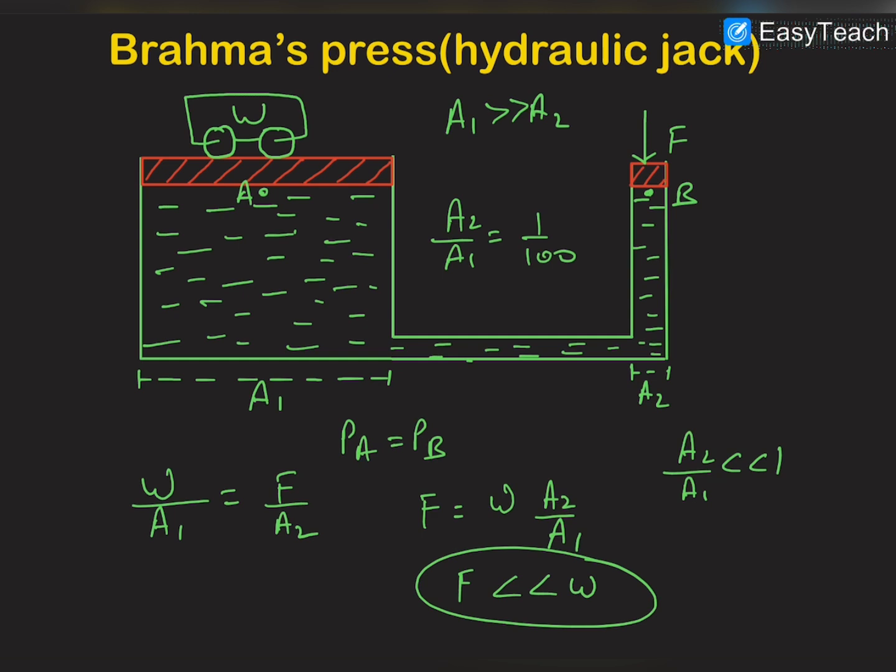So to lift a car of 1000 kg, we have to apply only 1000 into 1 by 100, which is 10 kg force. So we can lift a car of 1 ton by only a 10 kg force, which is approximately 100 Newton. So this is the power of the hydraulic jack.